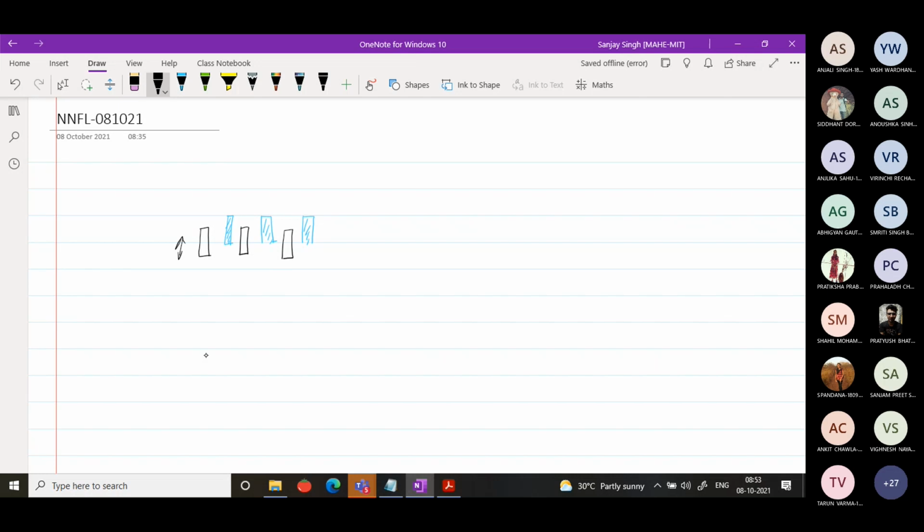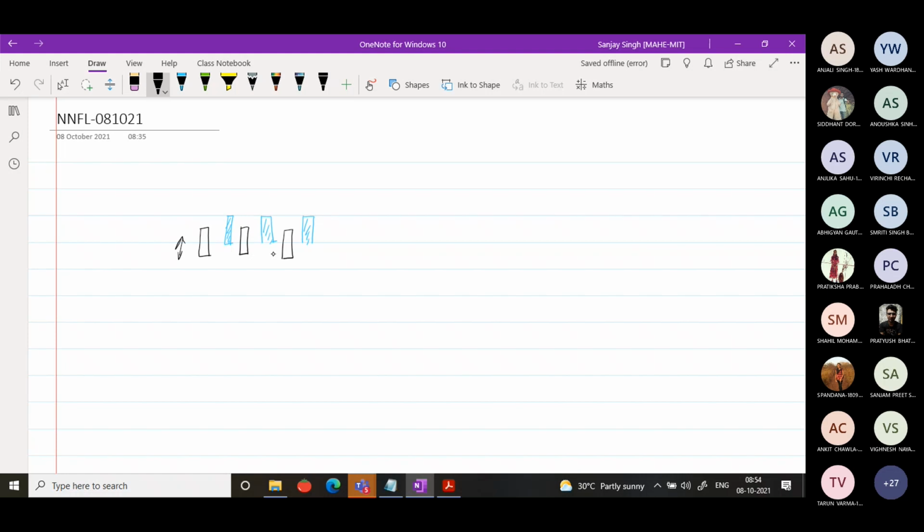Now, when you see from the front, is it possible to apply a linear boundary to separate the blue chalk from the white chalk? No, sir. Okay.